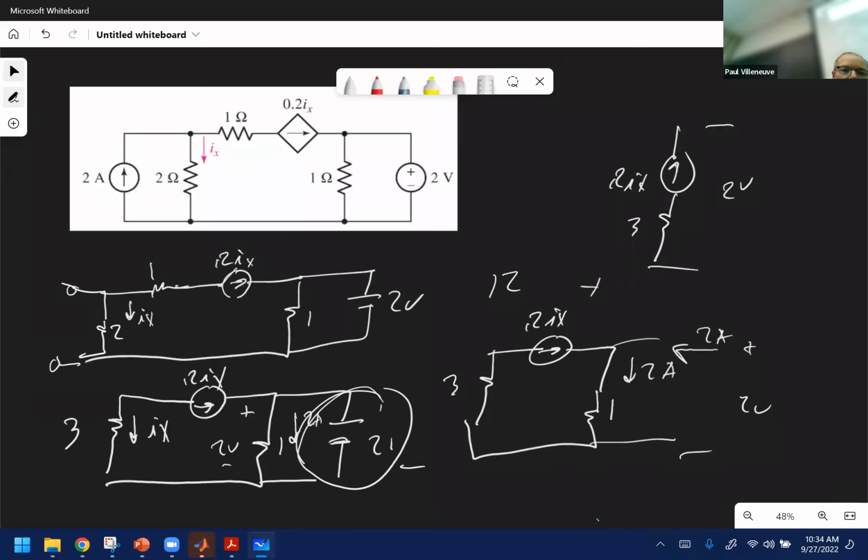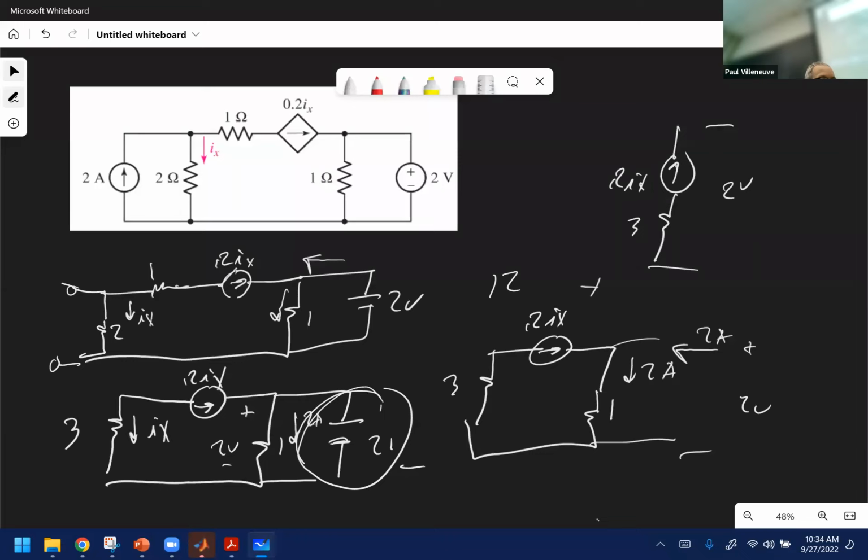What if you did a source transformation on the 2 volts and you turn that into a current source, and then you just did nodal at that central node? Say that again, I'm sorry. If you did a source transformation, you turn the 2 volt source into the current source. I can't do that because they're in parallel. If they're in series, I could do that, but if it's in parallel, I can't.